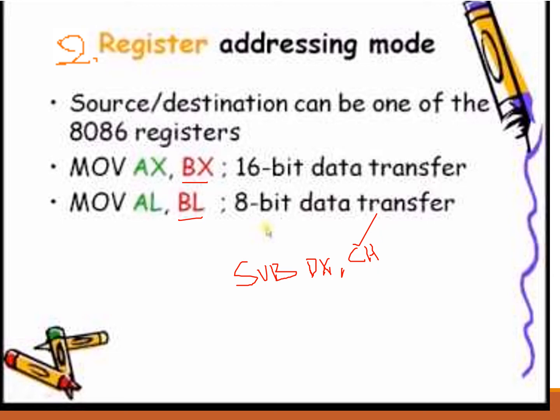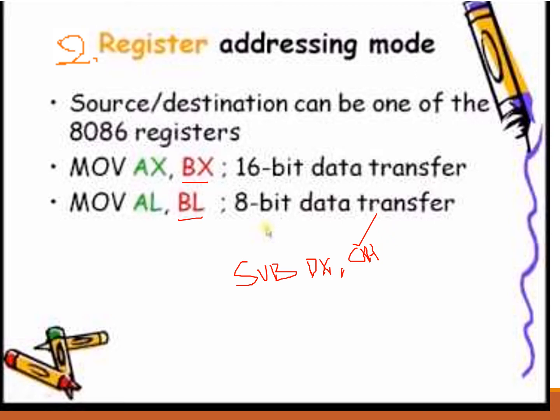I think everyone got a clear idea about what makes the difference between the addressing modes. Earlier, the source operand was immediate data. In this case, the source operand is a register, so we call it register addressing mode. If everyone got a clear idea, let's move to the next topic.